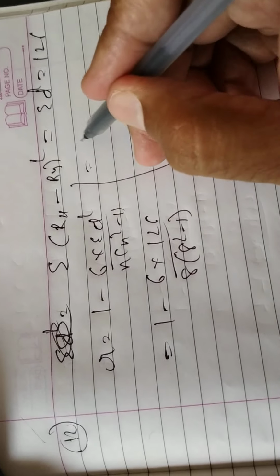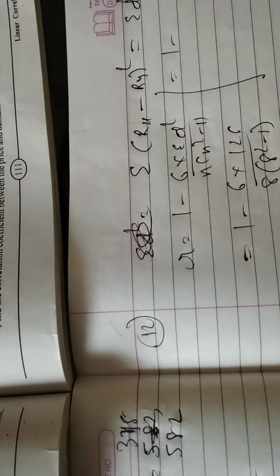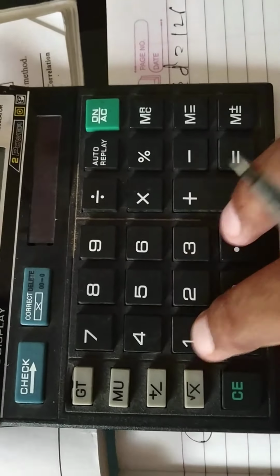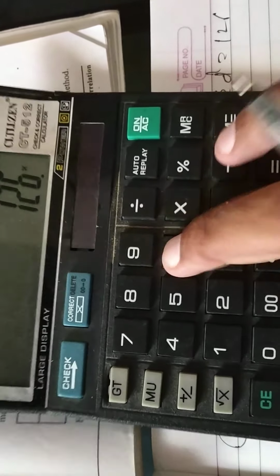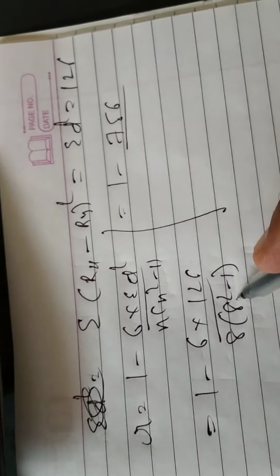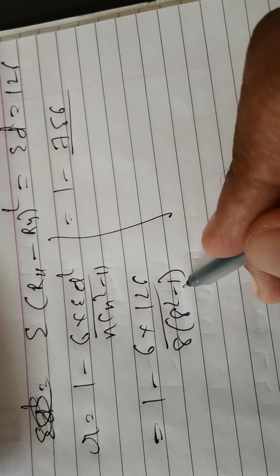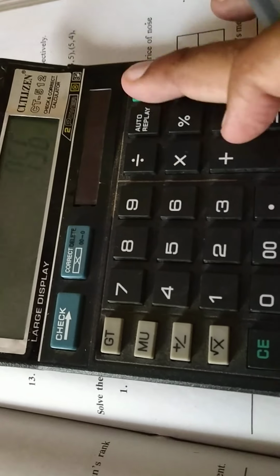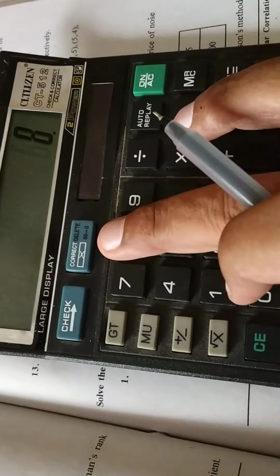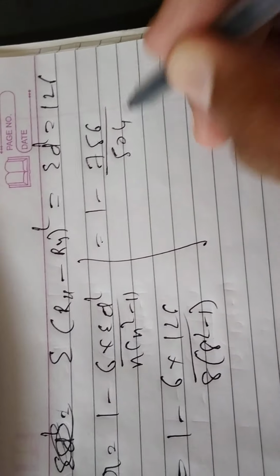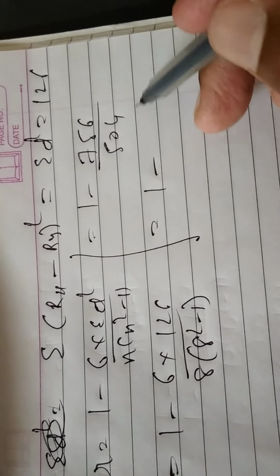So here value is 1 minus 126 into 6. 126 into 6, value is 756. Divided by 8 into 64, 64 minus 1, that is 63. 63 into 8, 504.